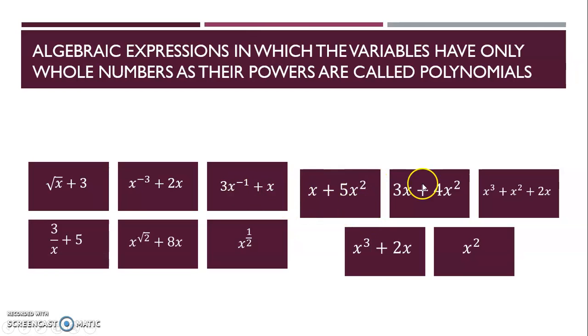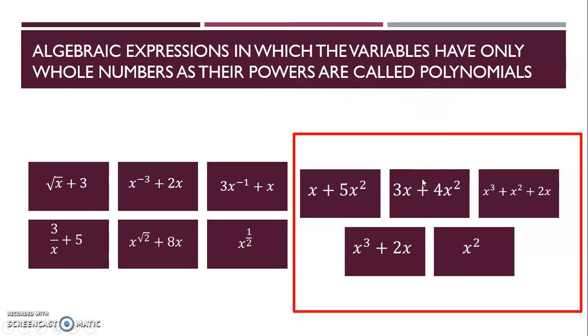Whole numbers are 0, 1, 2, 3. So here it is 1 by 2, just like root 2. Here it is x to the power minus 1, x to the power root 2, x to the power minus 3. So algebraic expressions in which the variables have only whole numbers as their powers are called polynomials.